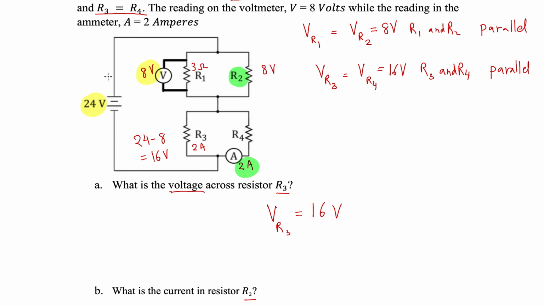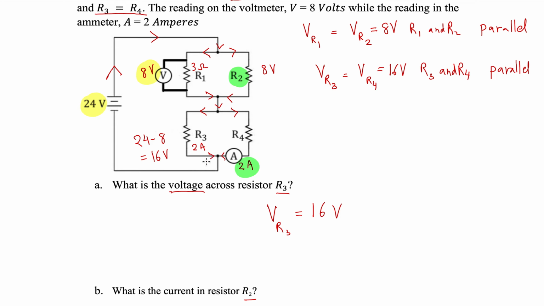If we imagine the current starting from the 24 volt battery, it reaches the first junction and splits into 2 parts, then joins again at the second junction, splits again into 2 parts, and comes back and joins together.